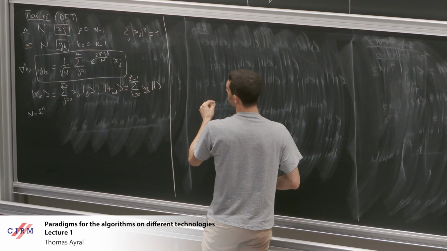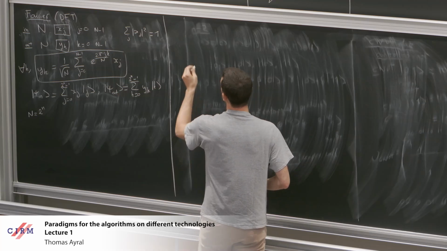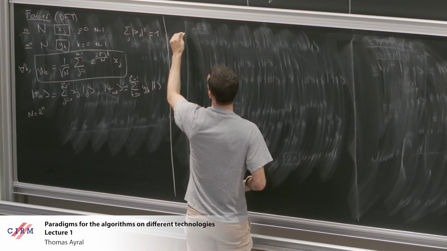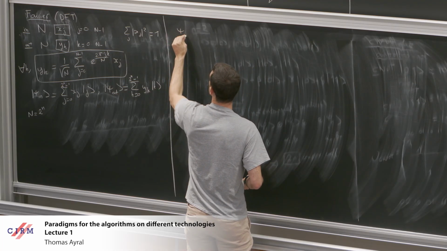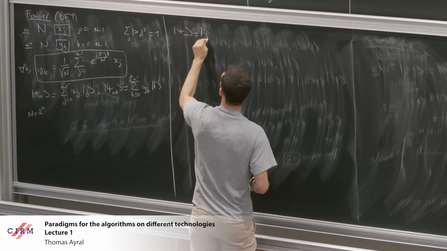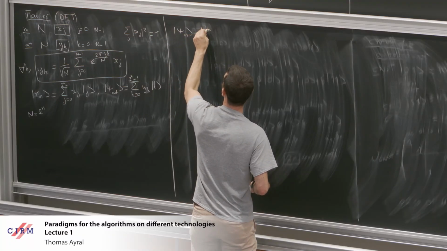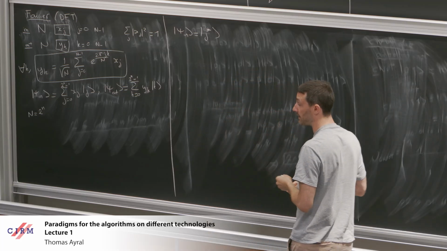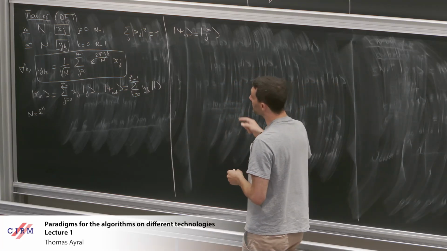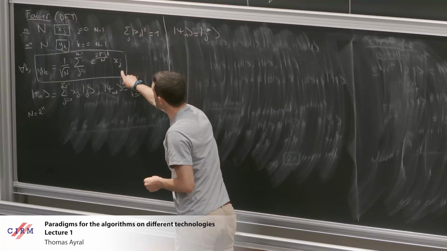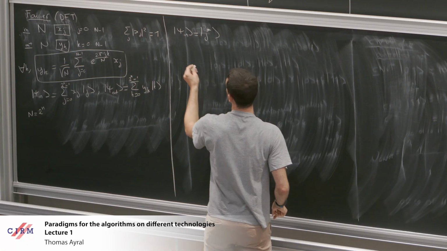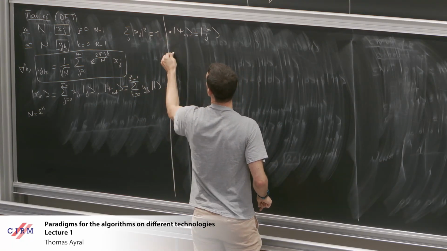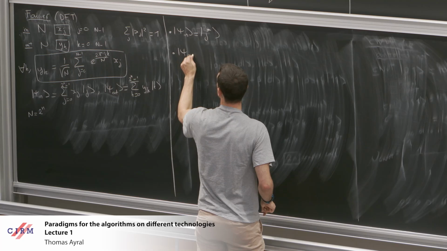So I'm going to start with psi in being a particular |j>, which I can call j star, although at some point I might drop the j star. It's a computational basis state. I want to see what happens when I apply the formula to this.